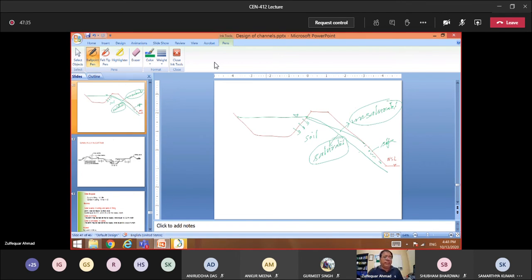Yes, sir. That's why here we arrest this phreatic line by some means, by extending this bank like this, so that the phreatic line should not touch the surface. Otherwise, there may be failure of this bank. I hope now you have understood this.